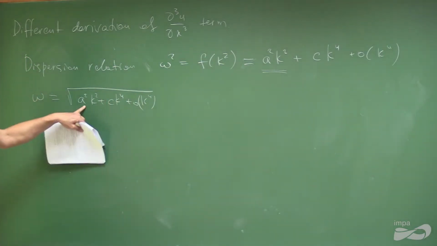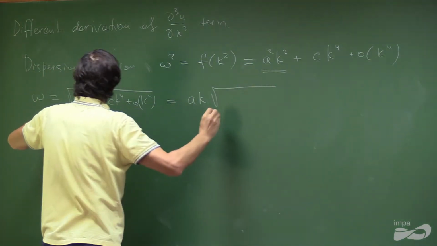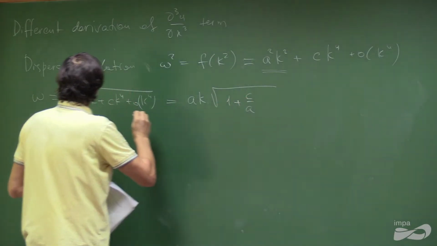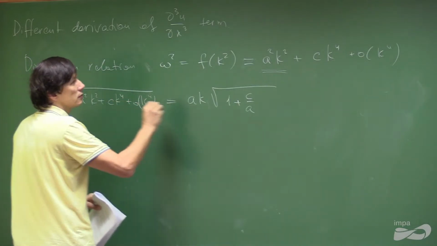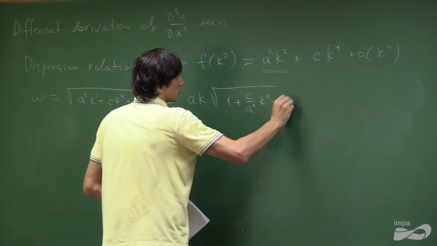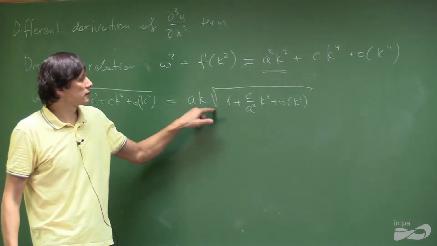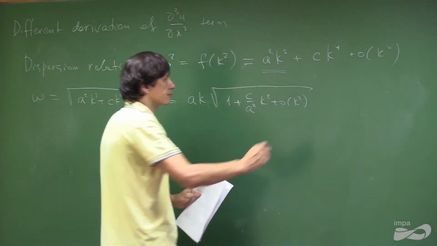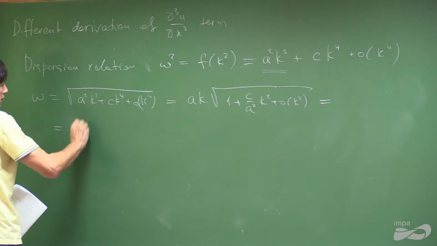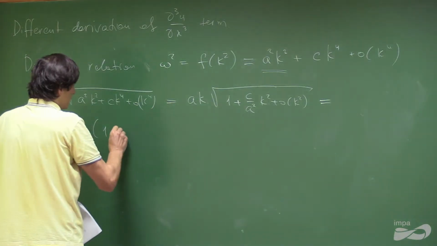So we remove ak squared, so it gives you ak root 1 plus c over a squared k squared. And then we expand the square root in Taylor series: 1 plus 1/2 of the second term.